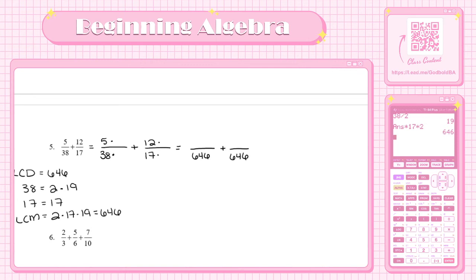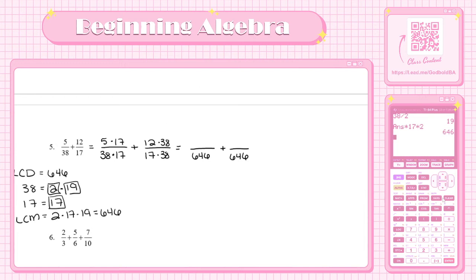Okay. Oh, sorry, I didn't really do what I usually do where I do the boxes, but we needed one of each. Okay, well 38 just needs to be multiplied by 17. So I need to multiply the top and the bottom of this one by 17. And 17 needs to be multiplied by 38. So I need to multiply the top and the bottom by 38.